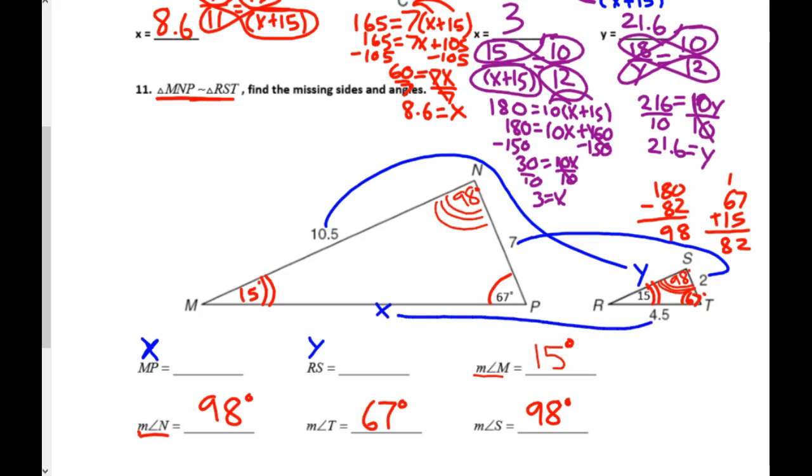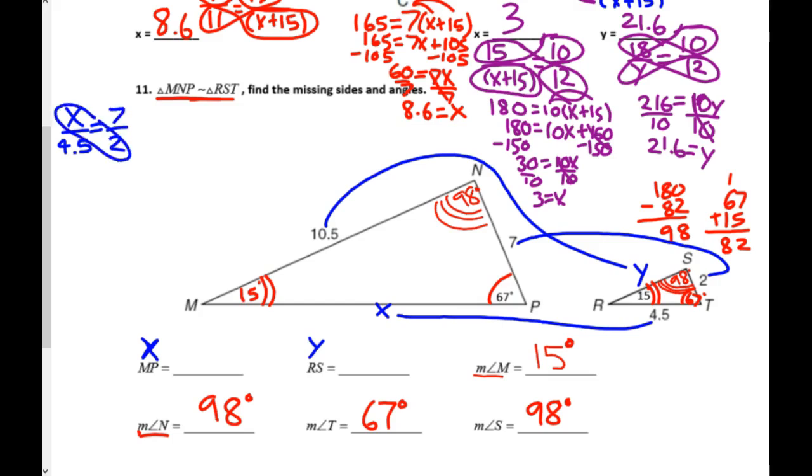X corresponds with 4.5. Let's make some fractions here. So if I'm looking for X first, I'll use X over 4.5 equals, and then I'm going to use my two numbers, 7 over 2.